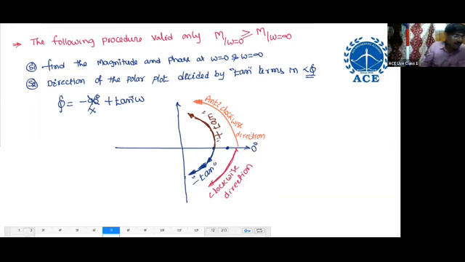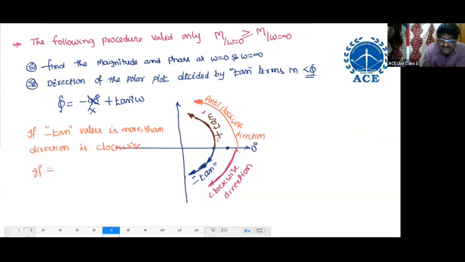So write this: the direction of the polar plot is decided by the tan terms in the phase angle phi. If the negative tan value is more, then the direction is clockwise.